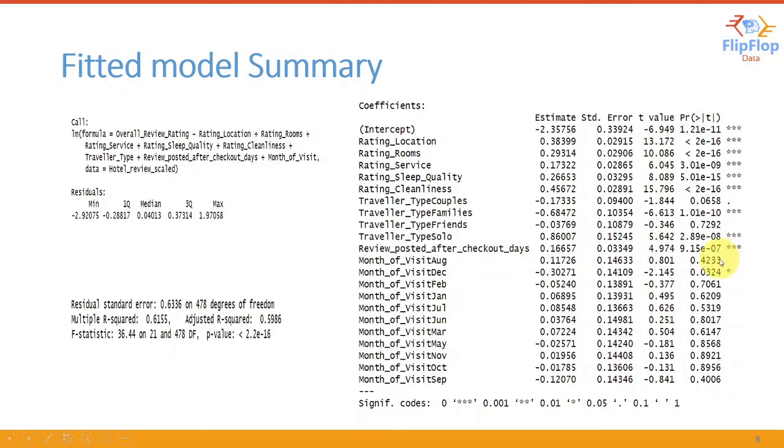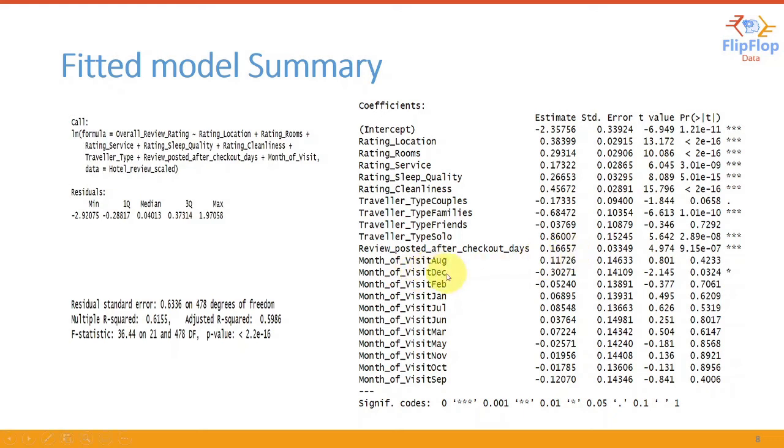That is, with 1 unit, here the unit is day, 1 unit increase in review posted after checkout days, the overall review rating increases by 0.16657. So this suggests that as more days after checkout from the hotel elapse, the traveler tends to give a higher review rating.